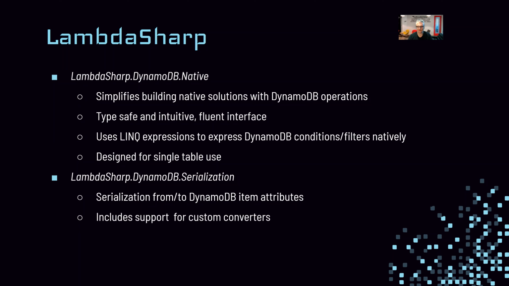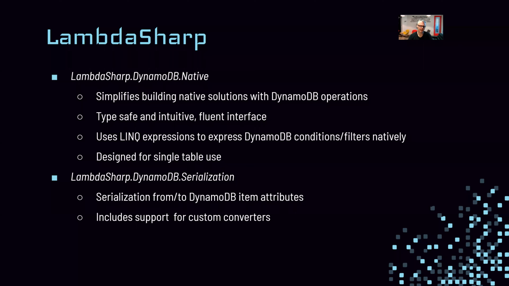It's designed for single table use. It's not designed for multiple tables. It actually doesn't even have the scan operation, because that one is so trivial to use, it wasn't really a headache. It's type safe, and has a fluent interface. I don't think what we'll be able to do in the next 20 minutes or so we would be able to do as easily or as confidently if we were just using a DynamoDB client.